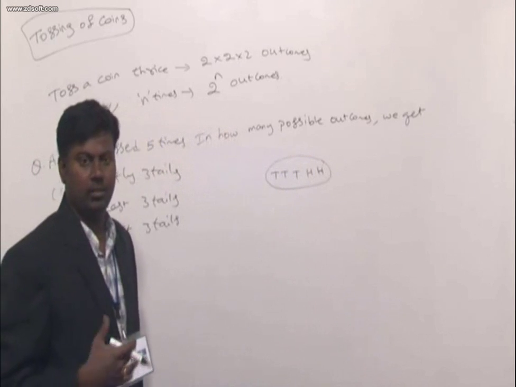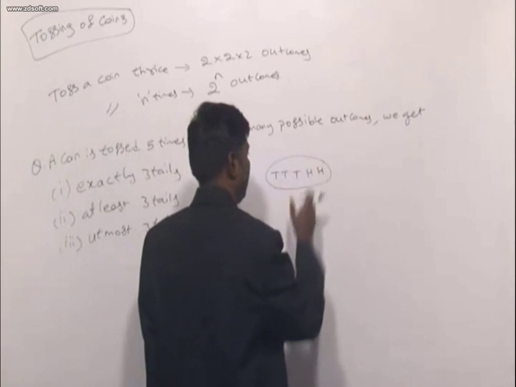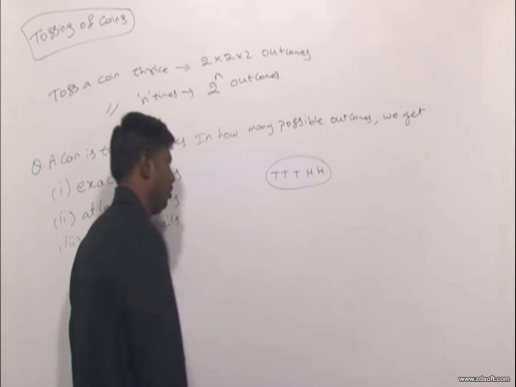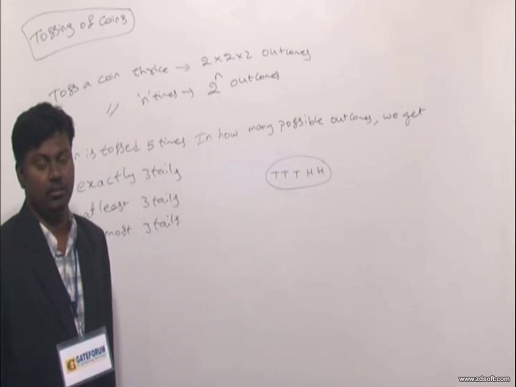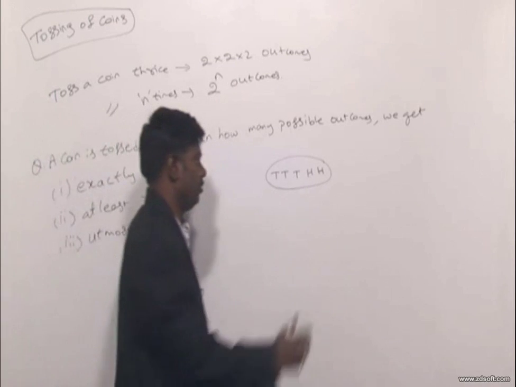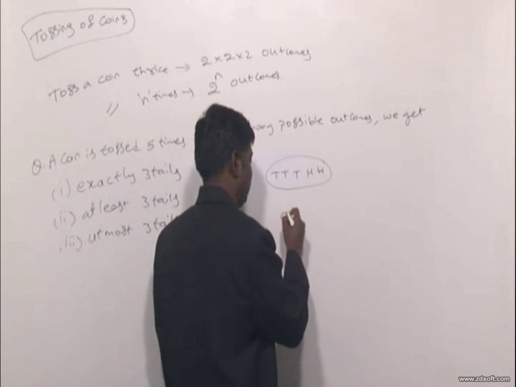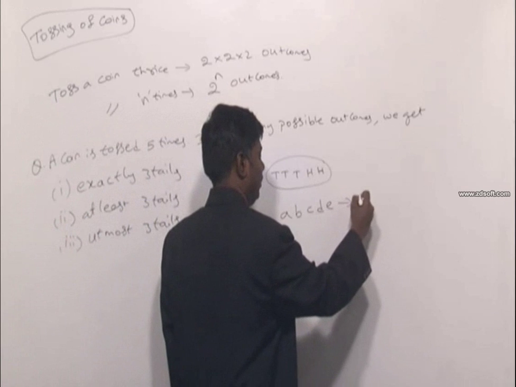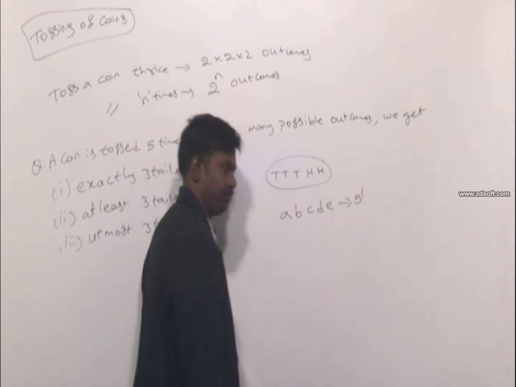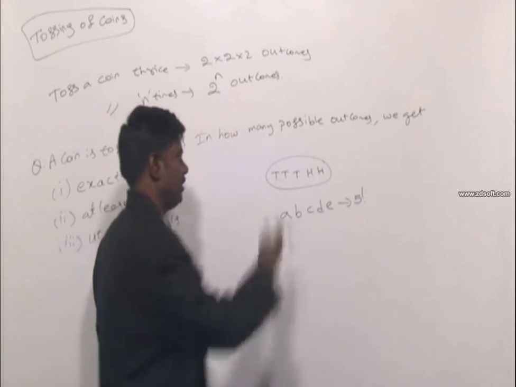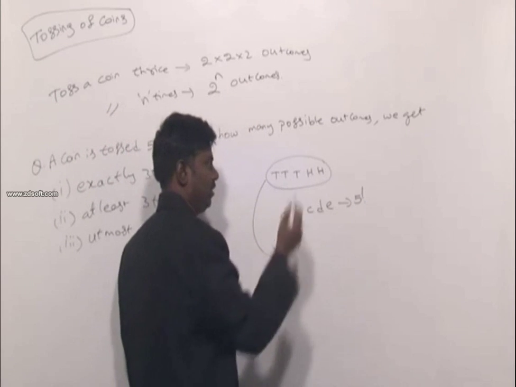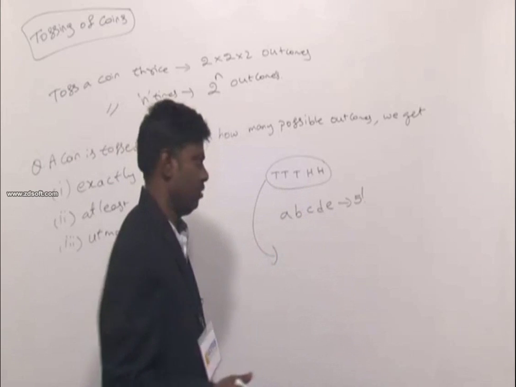It is nothing but number of ways in which you can arrange. Now, in how many ways you can arrange this? Assuming these are like A, B, C, D, E, all are different, then it is possible in 5 factorial ways. But then this arrangement, wherein there are 3 T's and 2 heads, these are similar.